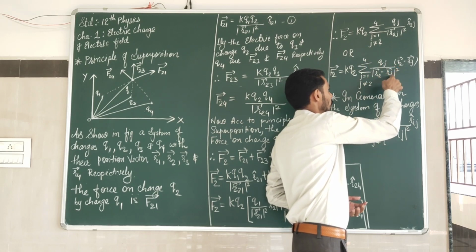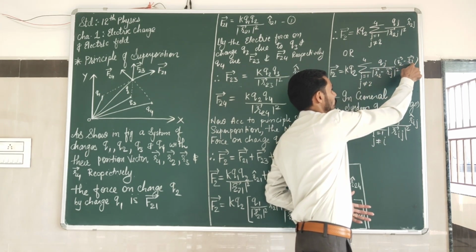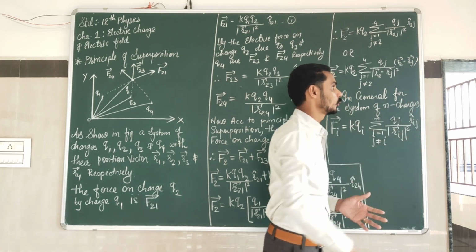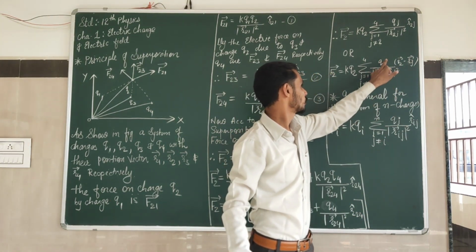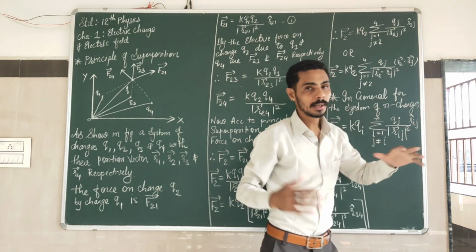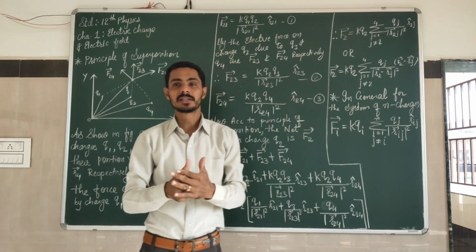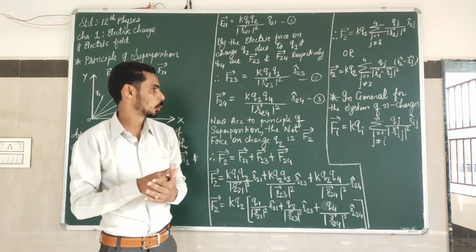This will show you the direction, and this will give you the magnitude. The net value of the force you will get from the magnitude, and this shows the direction in which this force is exerted by all the other three on charge Q2.